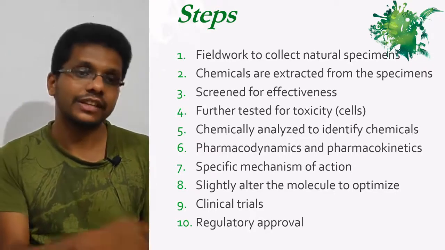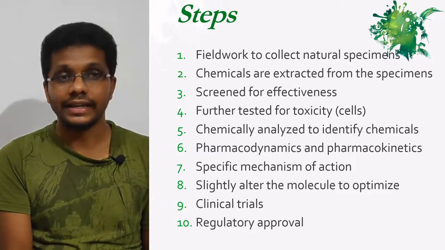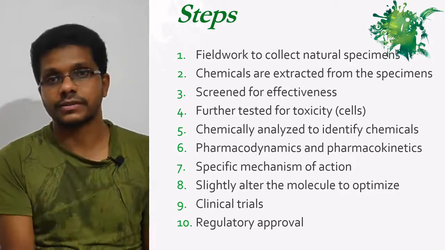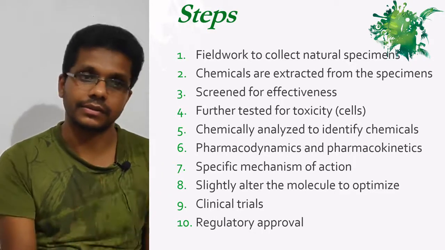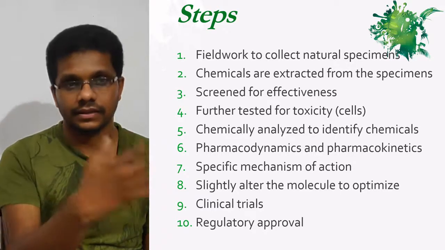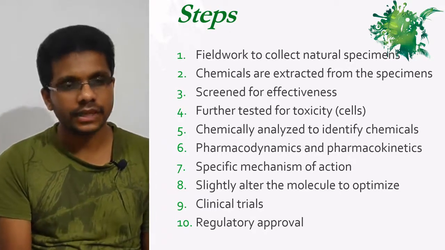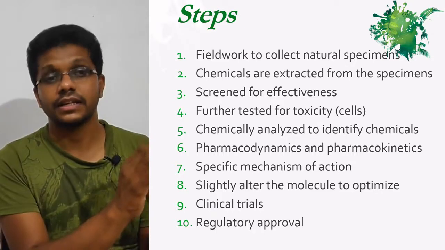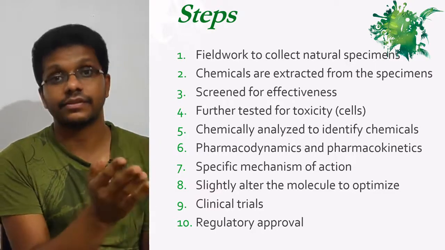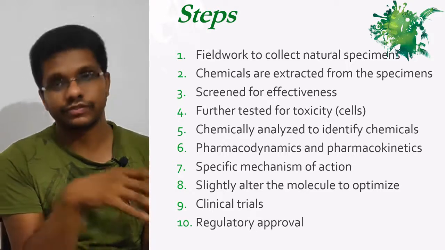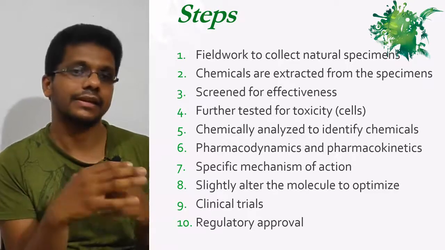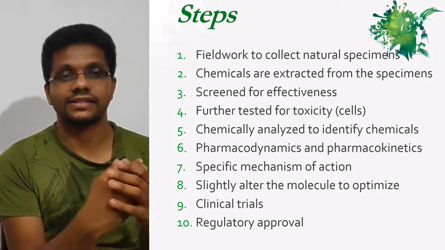So for that, we should have some idea about the use of these plants, microorganisms and even animals. Once we get the natural samples, we extract the chemicals from them. We use various techniques, maybe extractions, specific extractions or chromatography.